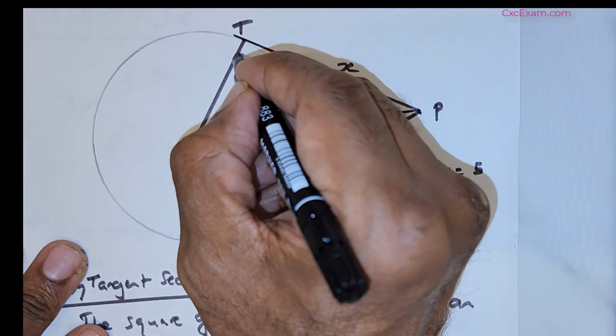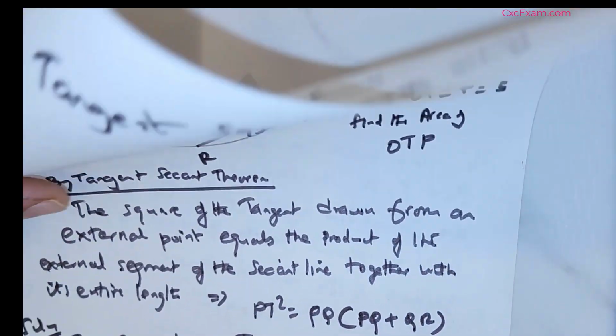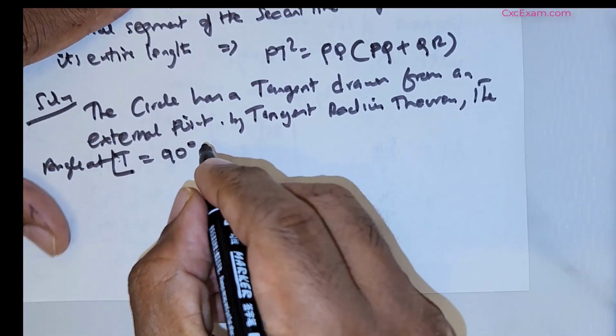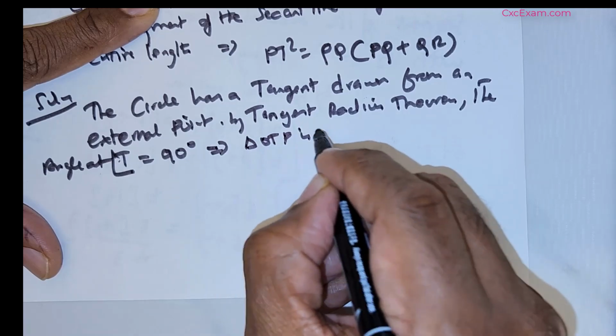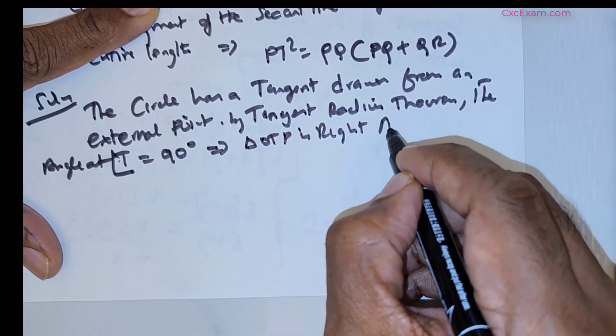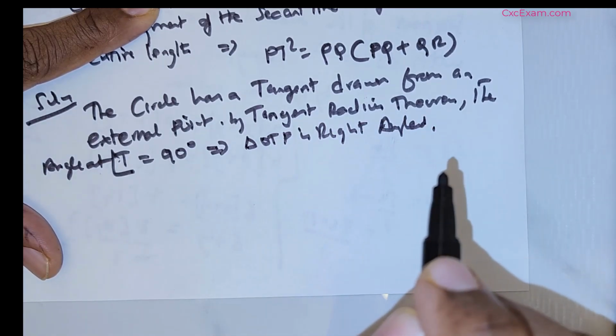Okay, so this angle is 90 degrees. So this would mean triangle OTP is right angled.